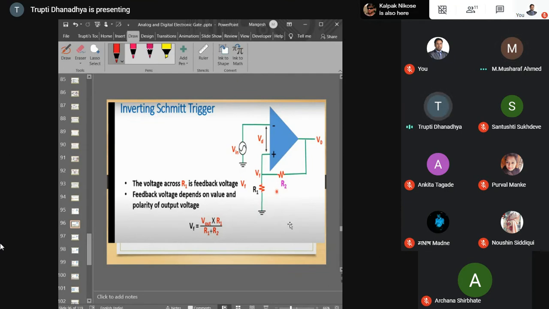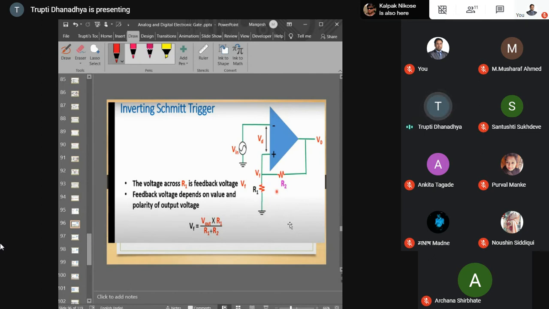Okay, in the voltage divider rule, there is a basic rule. If we want the voltage across R1, so the voltage across R1, VF, is equal to the total voltage, of course, your output voltage, multiplied by the resistance across that, which means R1, because we require the R1 voltage, divided by the total resistance. In the current division rule, we get the opposite resistance divided by the total resistance multiplied by the total current.